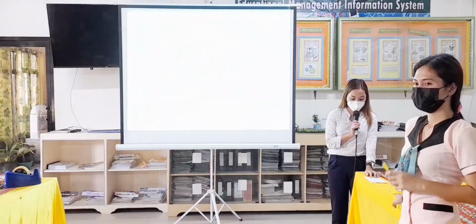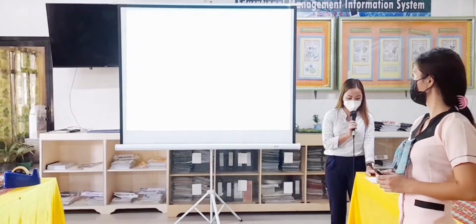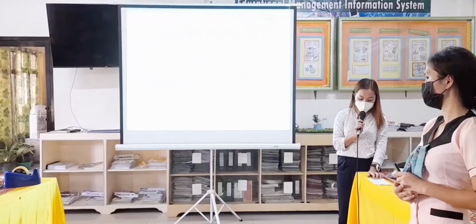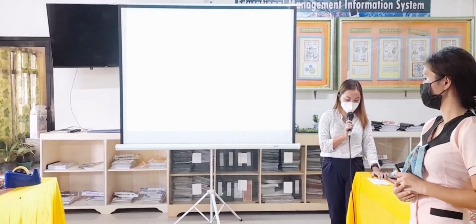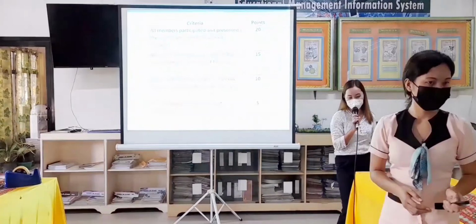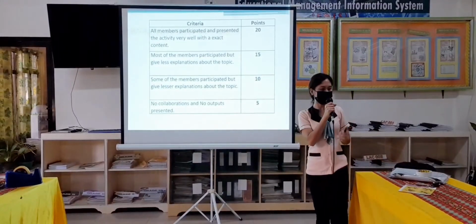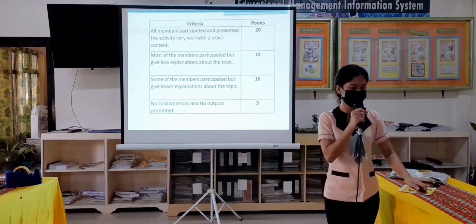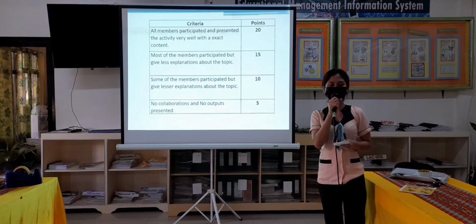We can prevent hazards in our daily life, especially at work, by following the safety protocols such as wearing hard hats, PPEs, and always observing your surroundings for possible harm. That's all. Thank you. Very good. So clap your hands for group 1.